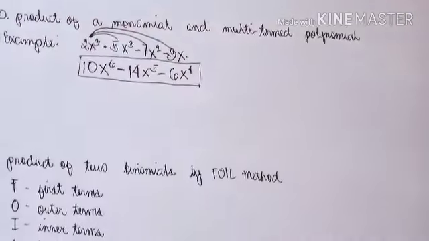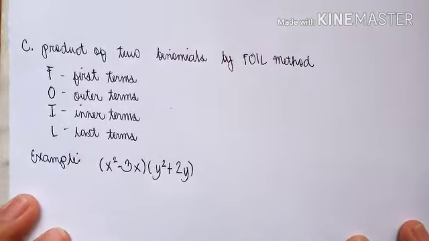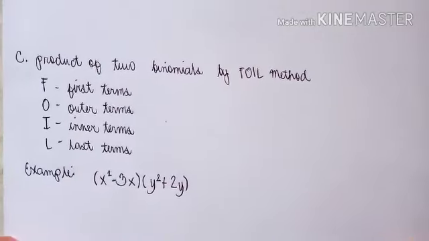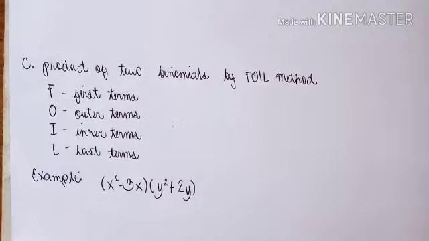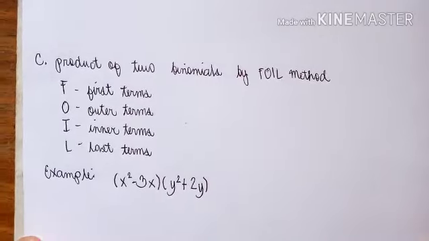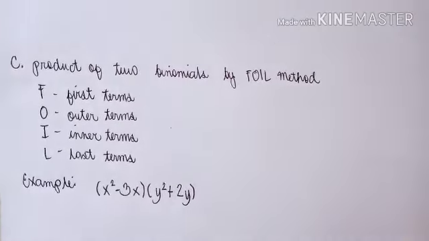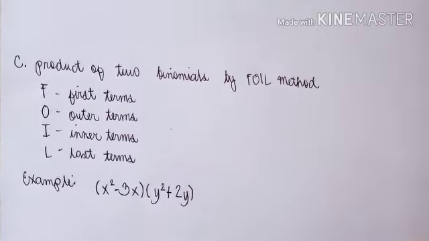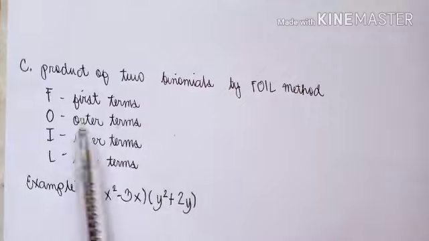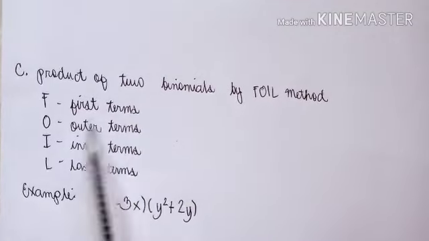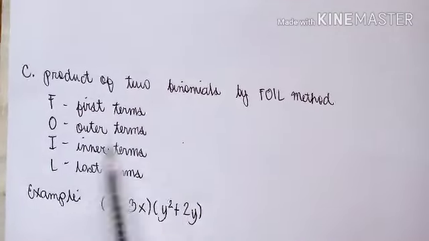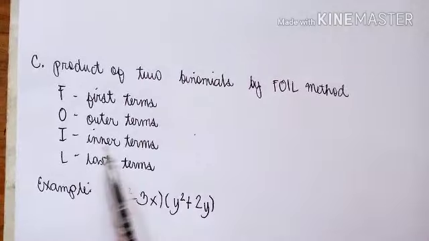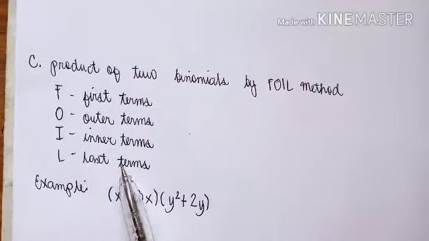Let's go to the next one. So I have specified here the method that we're going to use, since the FOIL method is the easiest way on how we multiply two binomials. So FOIL method stands for your first terms, O is for your outer terms, I is the inner terms, and L is the last terms.